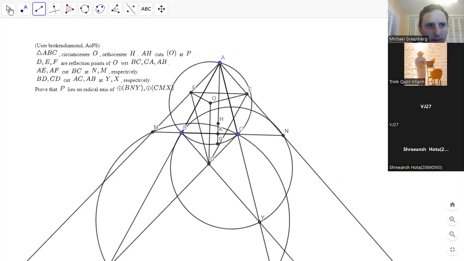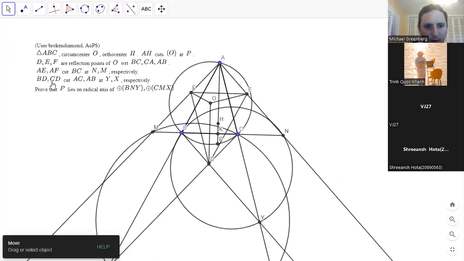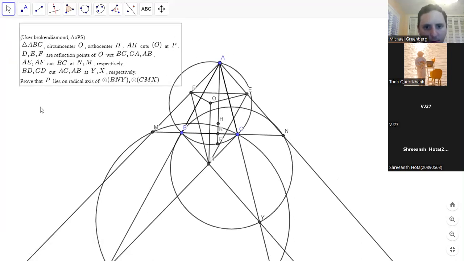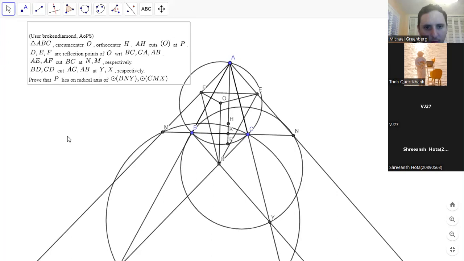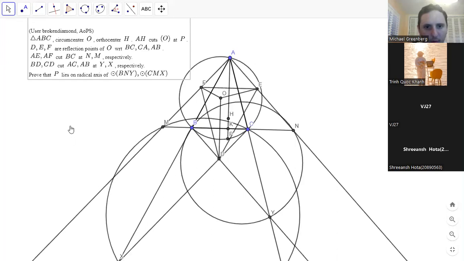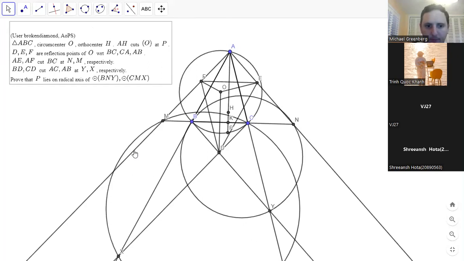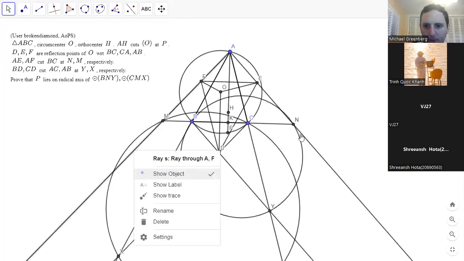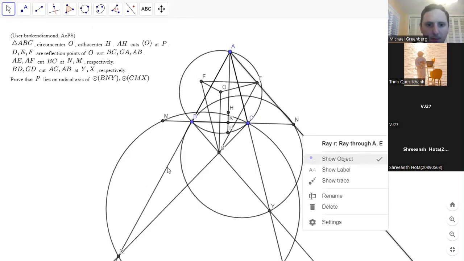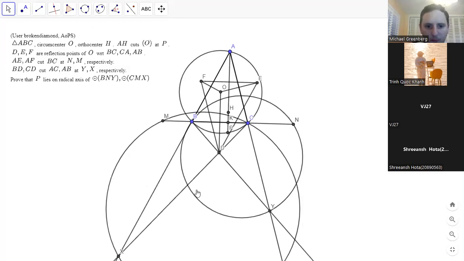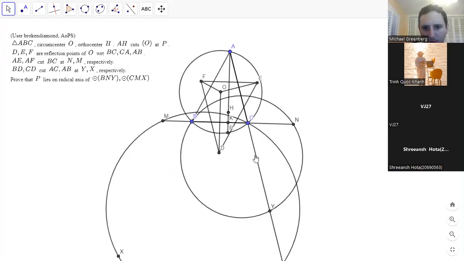Let's make sure I can see point X. All right.